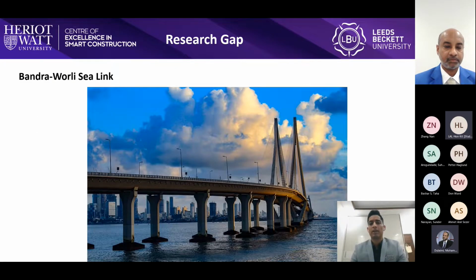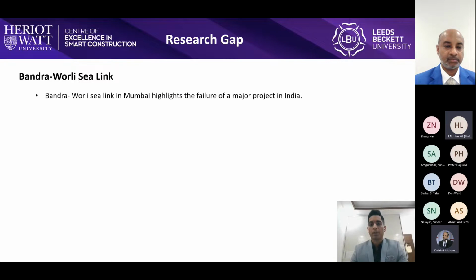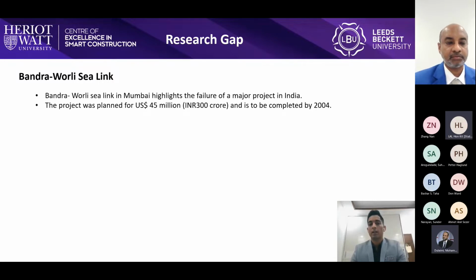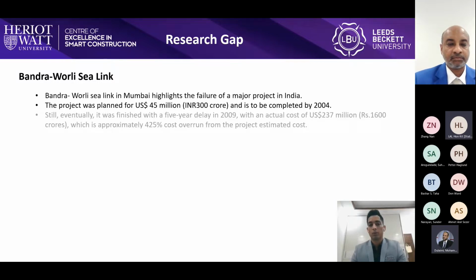Let's talk about one of the biggest examples, the Bandra-Worli Sea Link. This beautiful bridge is in the financial capital of India, that's Mumbai. But it also highlights one of the major projects which faced a failure. The project was planned for approximately $45 million and to be completed in 2004. But eventually it got finished in 2009, which means a 5-year delay in time, while a 425% cost overrun, and the actual completion cost was approximately $237 million.